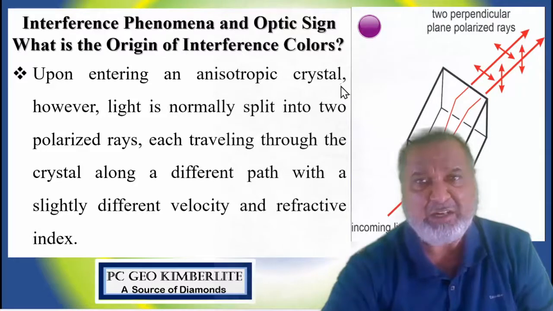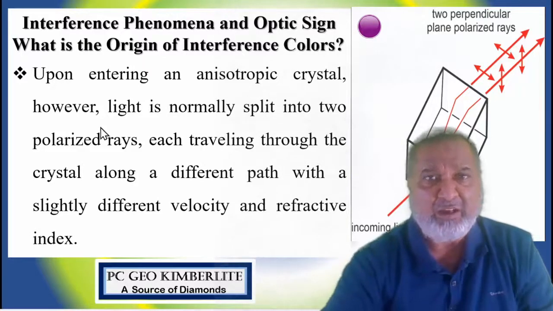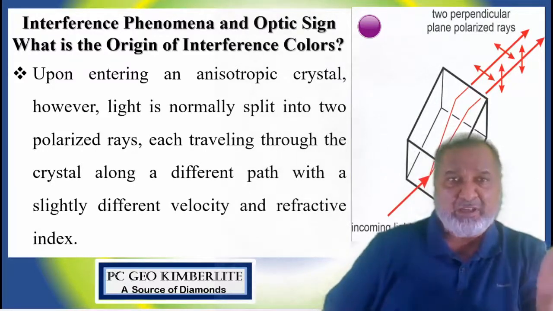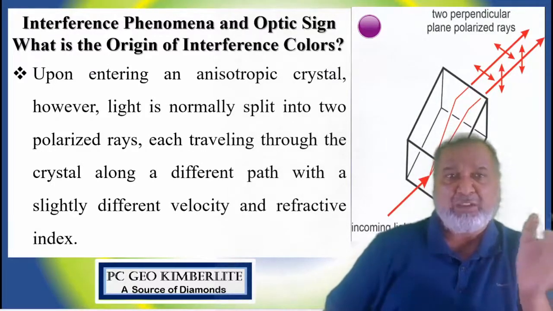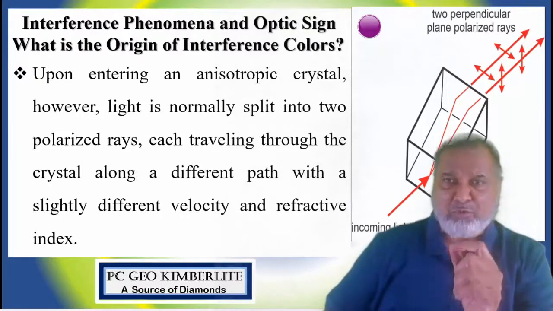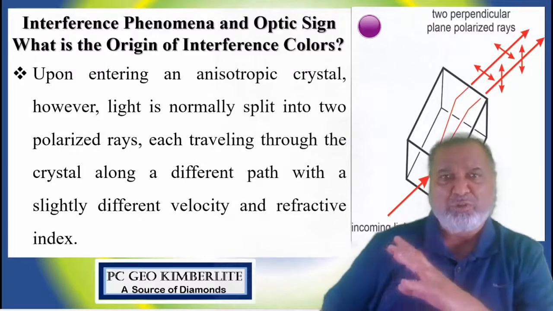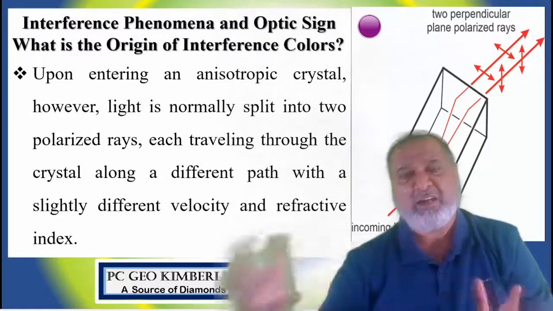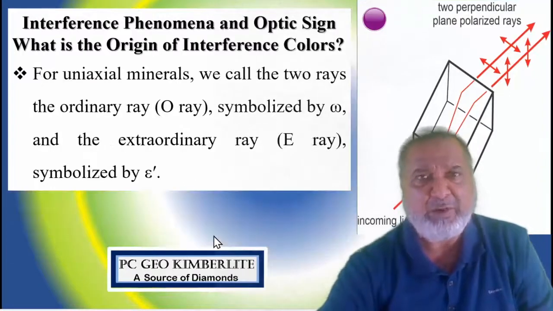Upon entering an anisotropic mineral, however, the light is normally split into two polarized rays, each traveling through the crystal along a different path with a slightly different velocity, maybe lambda by 2 or 3 lambda by 2. So that difference, the ordinary ray and the extraordinary ray, will be vibrating now.